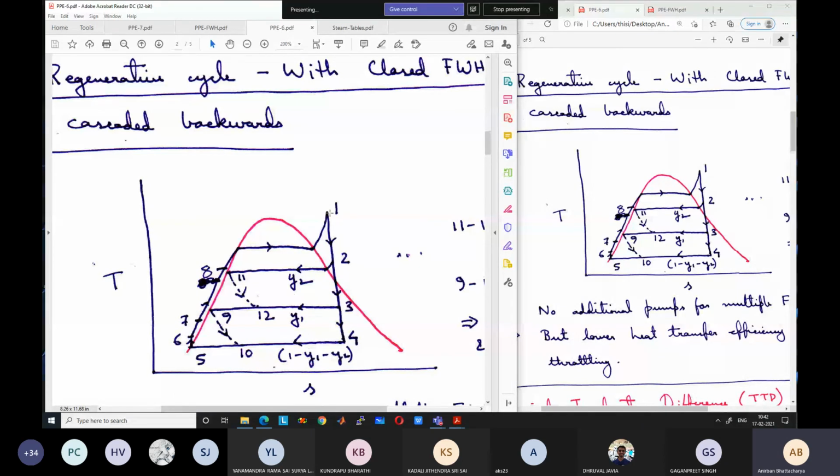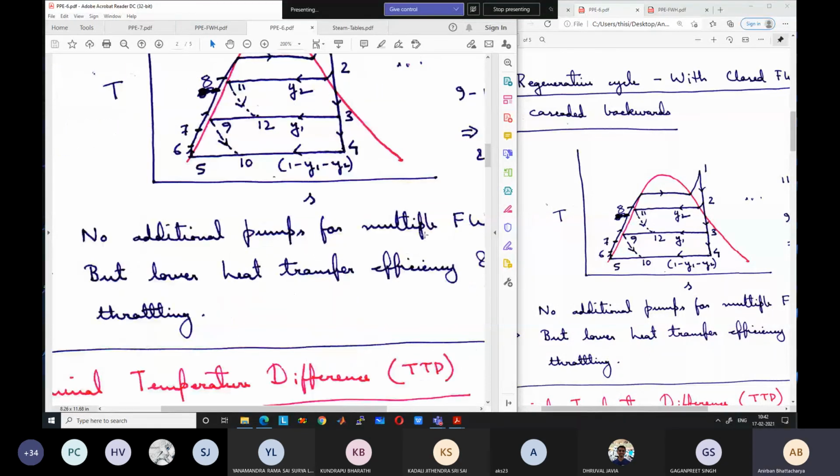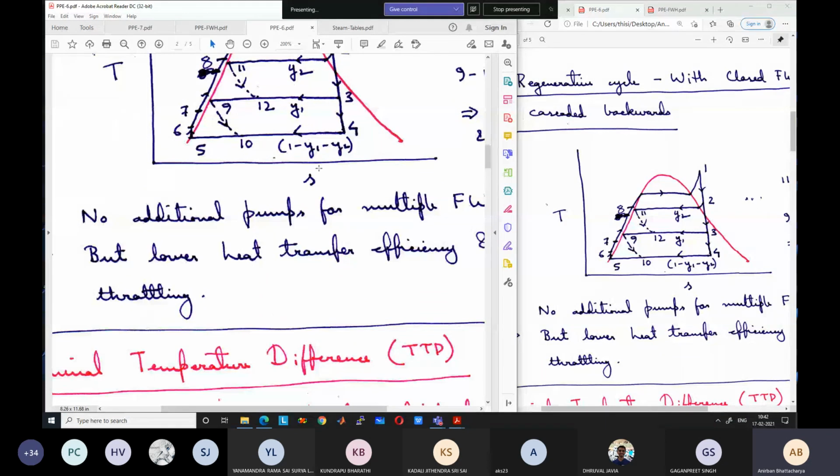The terminal temperature difference for both the feed water heaters is 5 degrees centigrade. Find out the value of Y1, Y2 and the efficiency. Practice this. I don't have the answer also, so you just practice it and compare with your friends. Later on, I will give you a proper assignment sheet. This is just for practice.